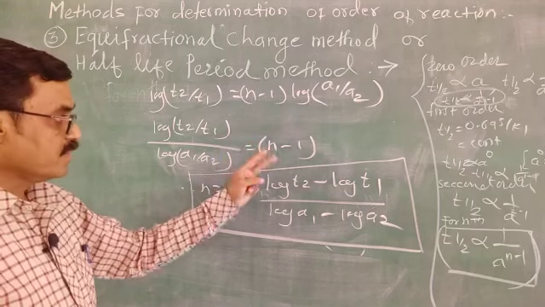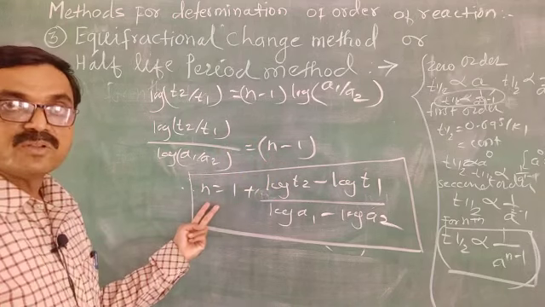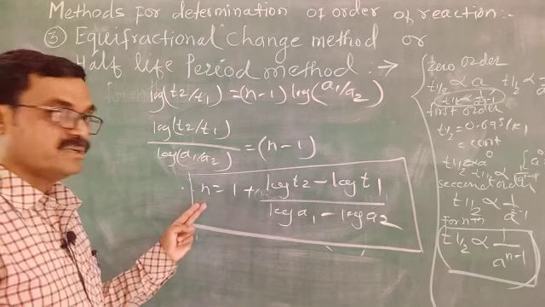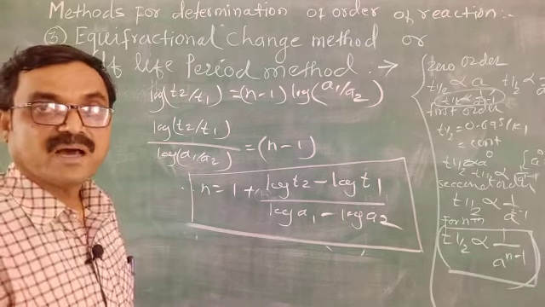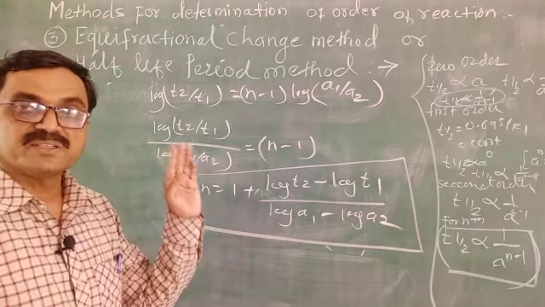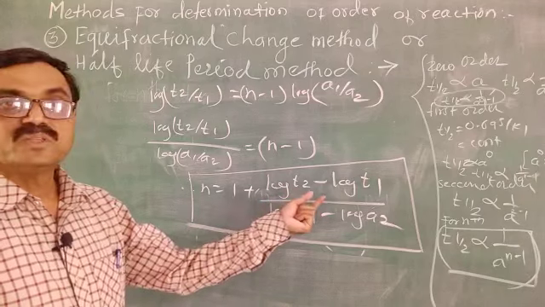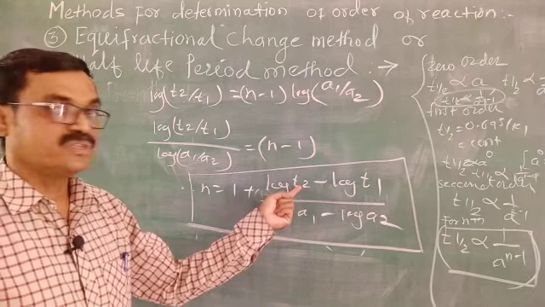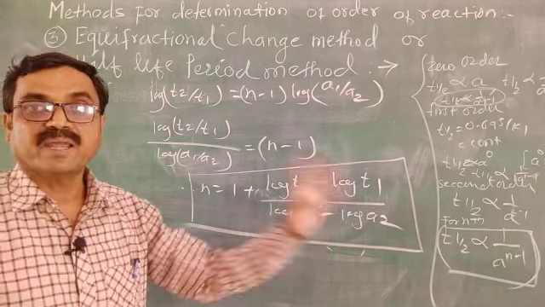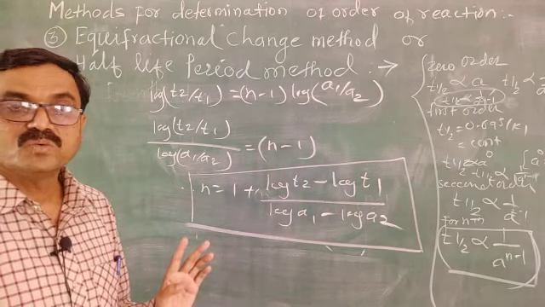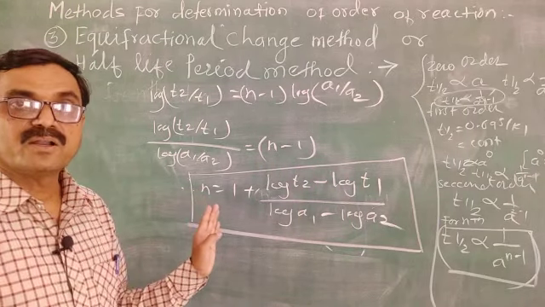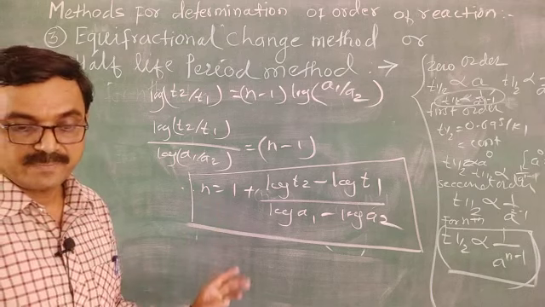Use that law and from this again find the value of n. This means in this third method, the half life period method, that is the equifractional change method, you must know the half life periods T1 and T2 at initial concentrations A1 and A2. Then and only then can the order of reaction be determined.